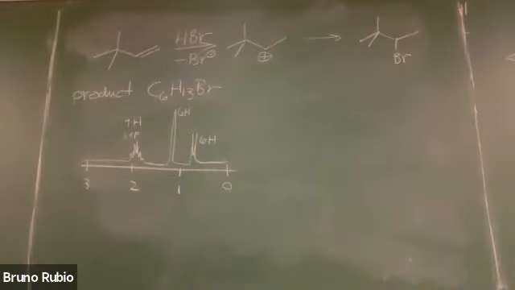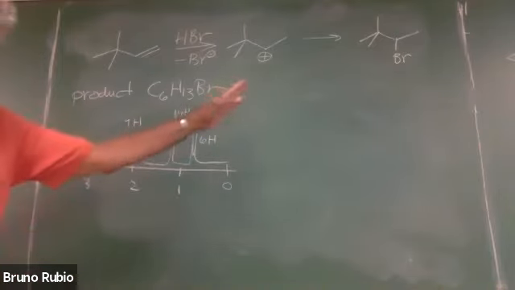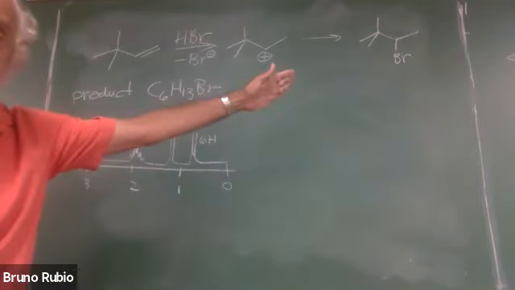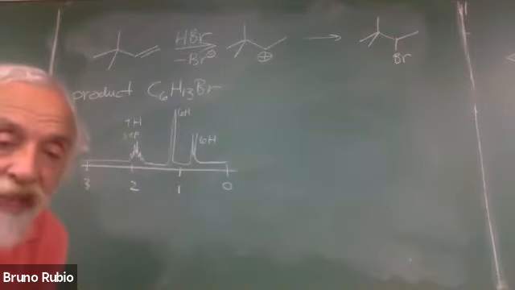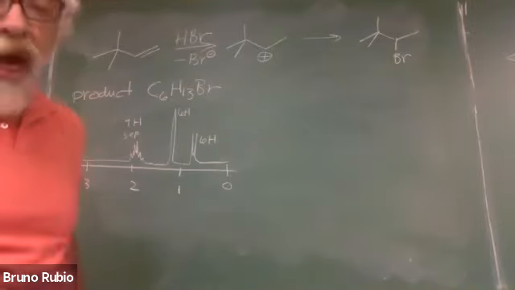But when I do this experiment and take the product into the NMR room and record its NMR, is the NMR of the product consistent with that structure? Tell me in the chat. 50-50 chance of being right just by guessing. Is that predicted product consistent with the NMR?